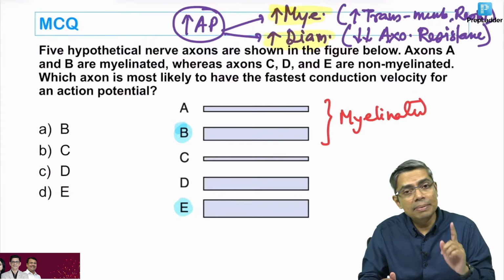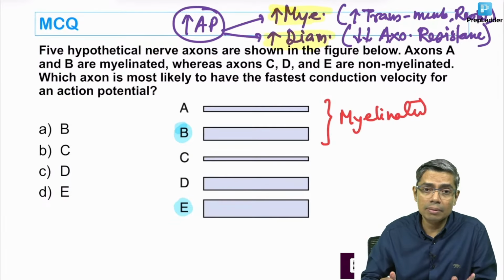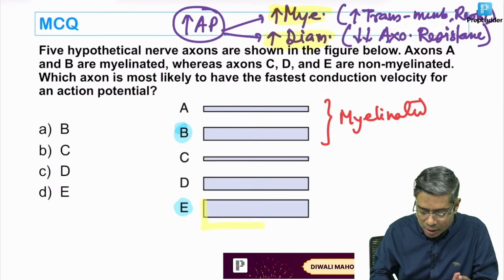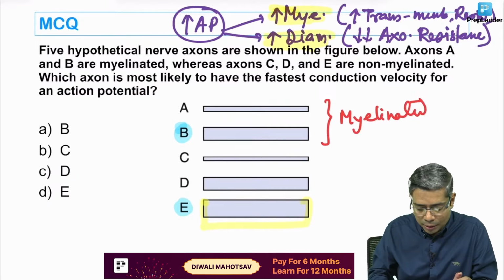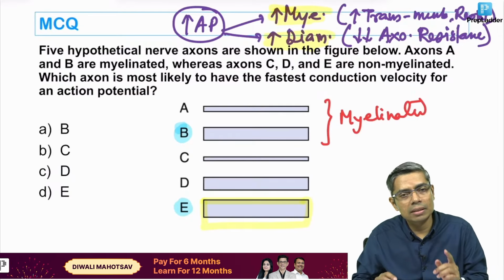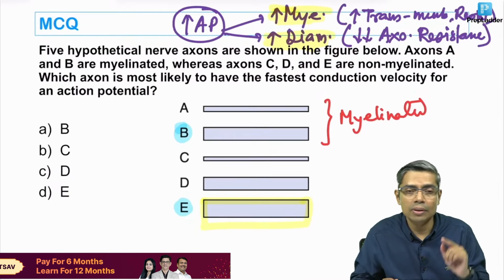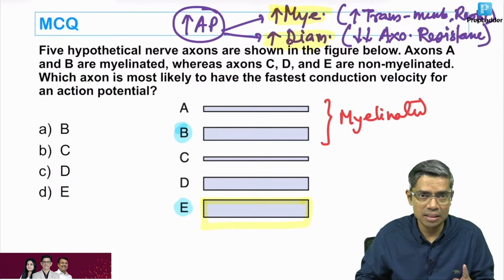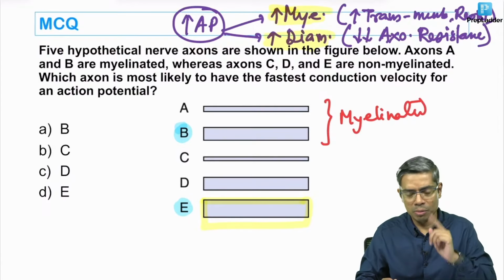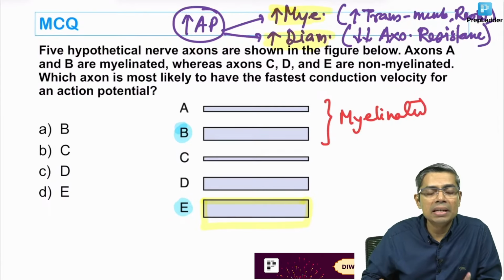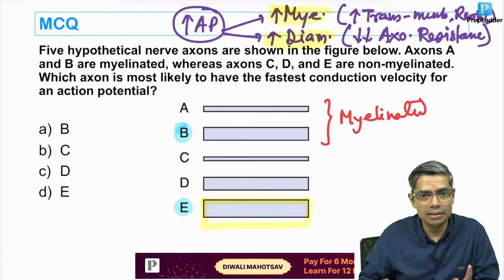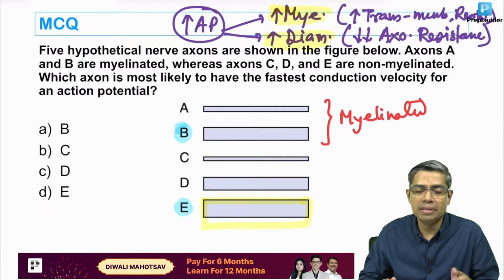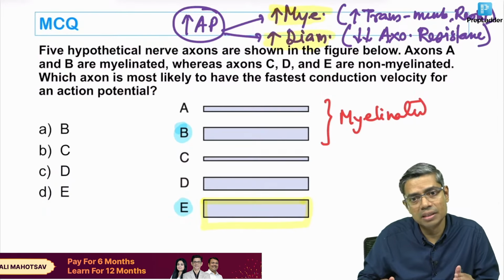Myelination. Even if the diameter is double that of the B neuron, the conduction velocity will be higher in the myelinated nerve fiber. So what is the bottom line? Bottom line is that myelinated nerve fiber will have the highest conduction velocity, although the diameter is a little less than that of the unmyelinated nerve fiber.